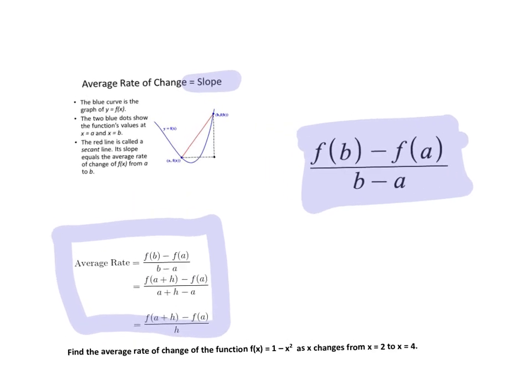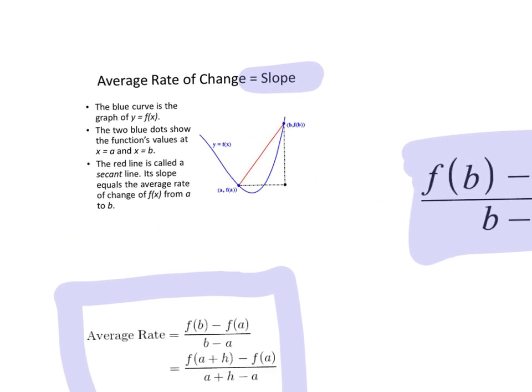So let's take a look at what this is showing. We have this f of x function, this curved graph here, and we have 2 points that are part of that graph. You're going to be given an interval like that, where you're given 2 particular points. When we're looking for the Aroc, or the average rate of change, think about what that really means.